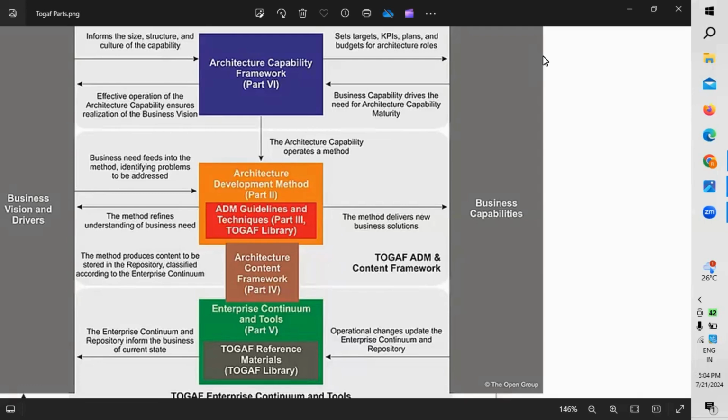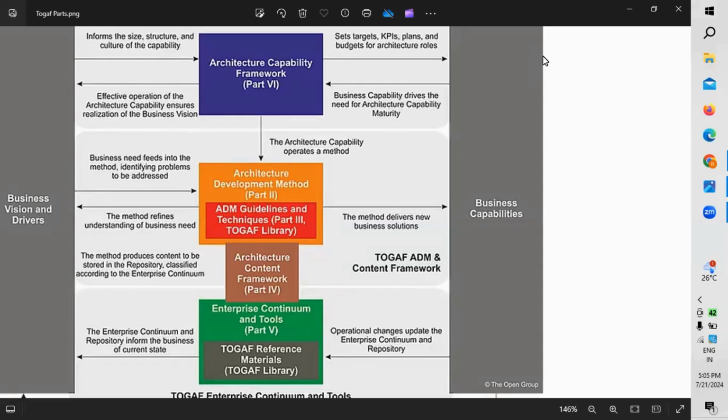The advantage and importance of implementing the TOGAF framework at the organization level is that it will be useful in designing, planning, implementing, and maintaining any kind of enterprise architecture.